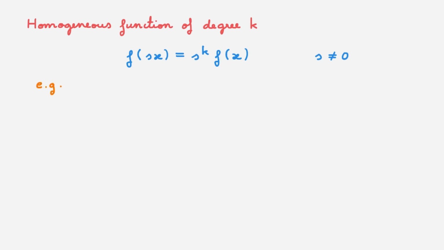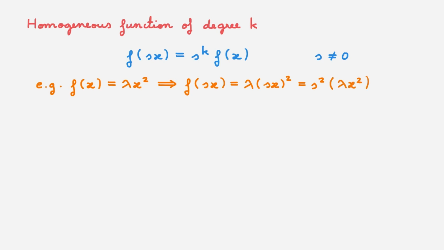As an example of a homogeneous function, we can consider a quadratic function, where lambda is simply a scalar coefficient. In this case, we can explicitly confirm that f of sx is equal to this, which we can rewrite as s squared times lambda x squared, which in turn is equal to s squared times f of x. Given that we have a power of 2 here, we can conclude that the quadratic function is a homogeneous function of degree 2.